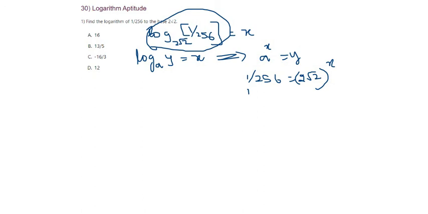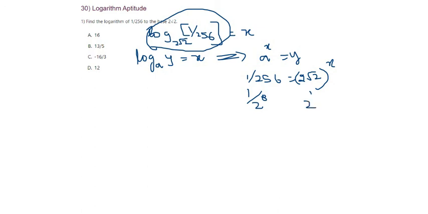Okay, we can also write it like this, or we can write it as 2 root 2 to the power x, which is equal to 1 by 2 to the power 8, since 256 can also be written as 2 to the power 8. I'm just giving you the options for how 2 root 2 can be written.